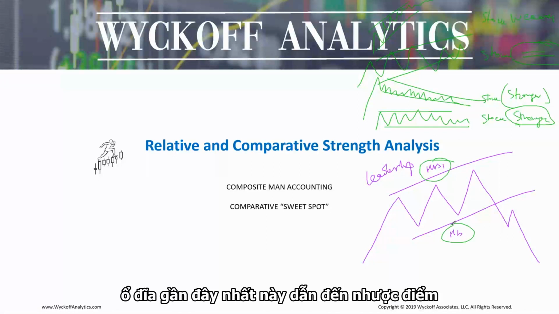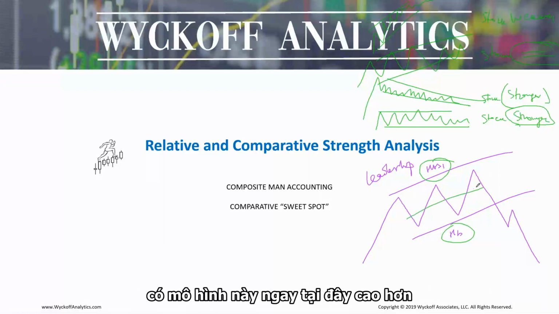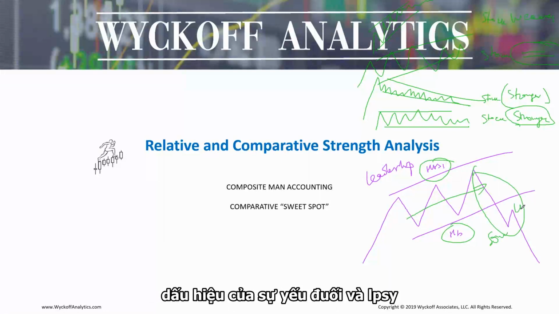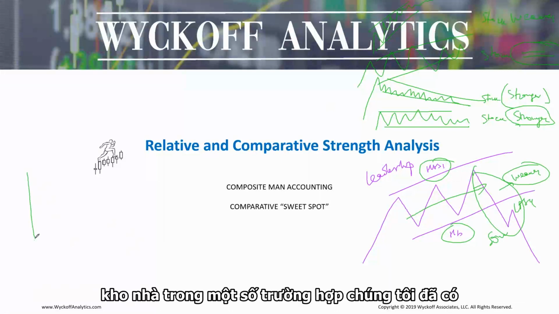This most recent drive to the downside into the December lows is such a great example of that, where we could have stocks like Nvidia, leadership stocks, having this pattern right here of higher highs, higher lows, and then suddenly on the sign of weakness, an LPSY, they lose all of the leadership characteristics and then they become weaker.